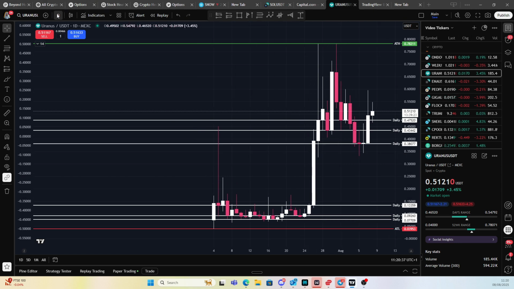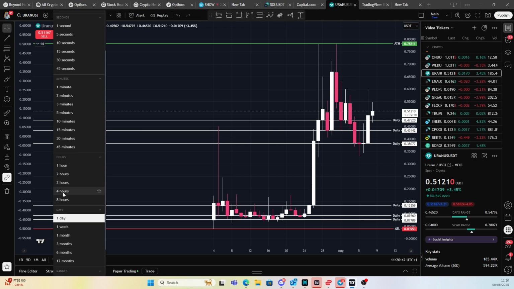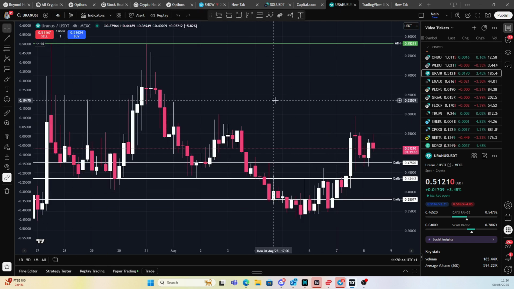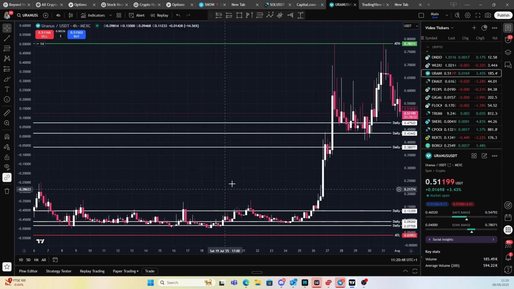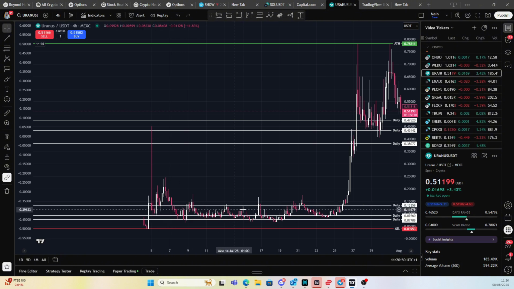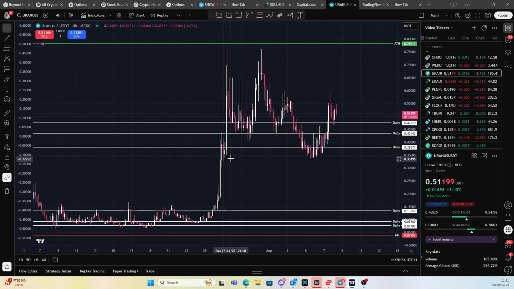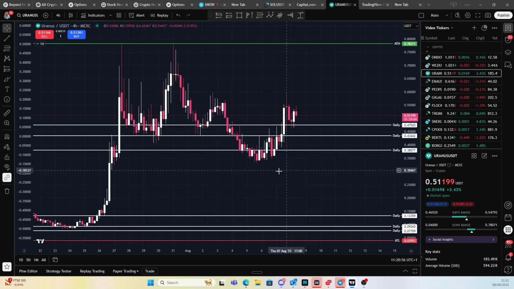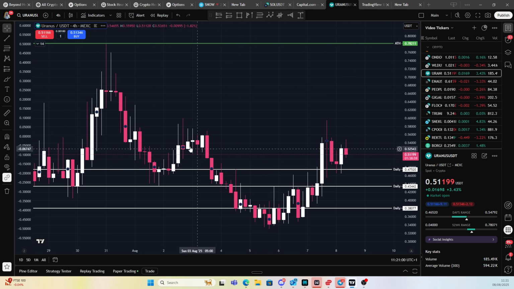So if we move down the time frame, we'll have a look at the 4 hour. If we come out of this, we see these lines. Pretty much this period here was the accumulation, and then we've had this upward expansion. We can see pushing on here. So where do we have 4 hour levels? We have a 4 hour level here.